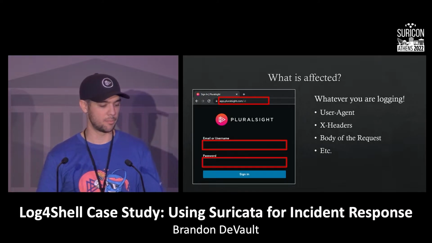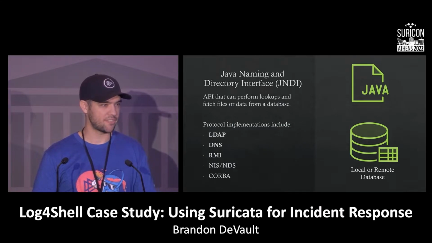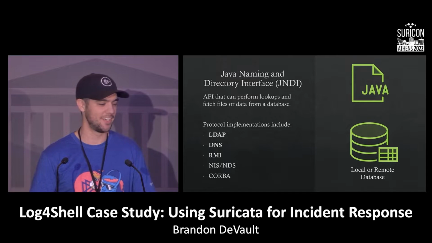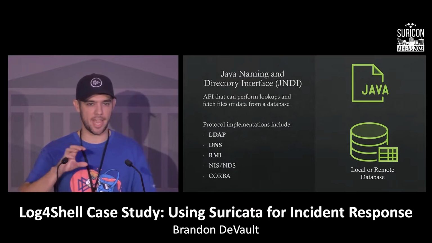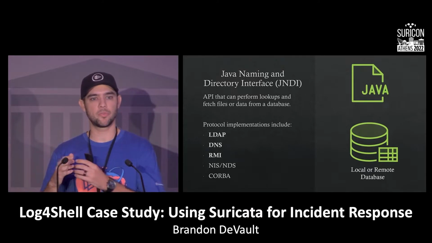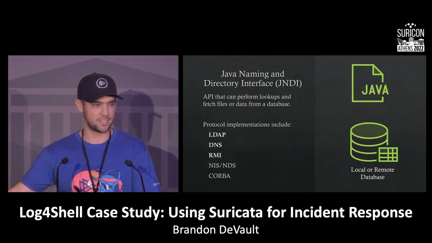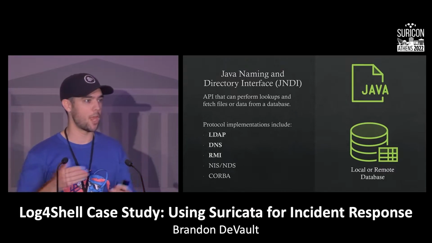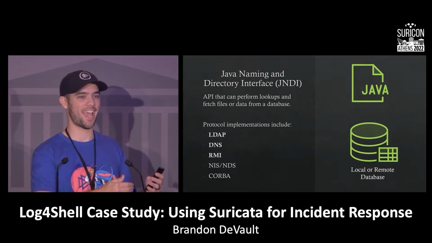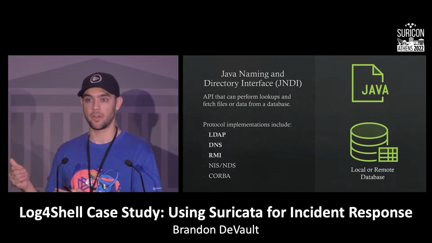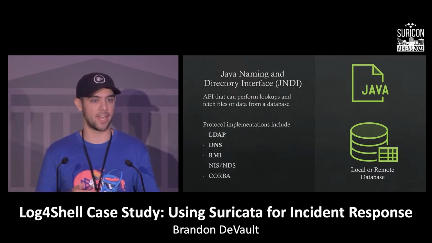Now I have to take another step back and explain this thing called JNDI, or Java Naming and Directory Interface. This is an API that you can incorporate into Java that allows you to perform a lookup on a database. Okay, so a little more clear, you log in, right? Your username and password hash is going to get compared against a database to determine whether or not that is successful, whether you have an actual account.